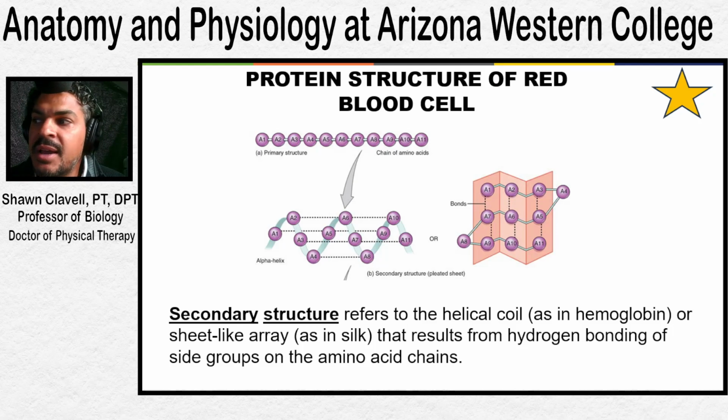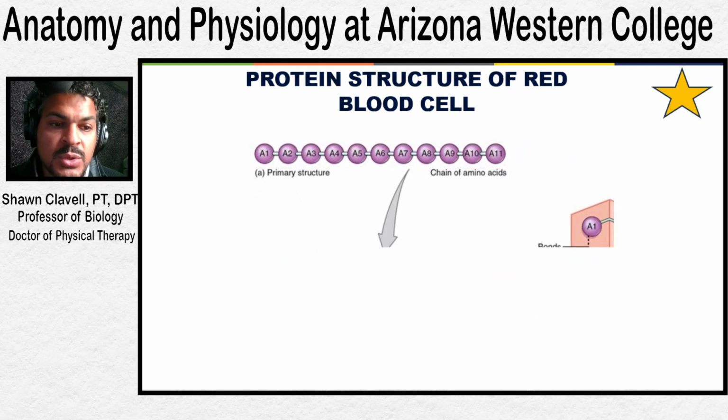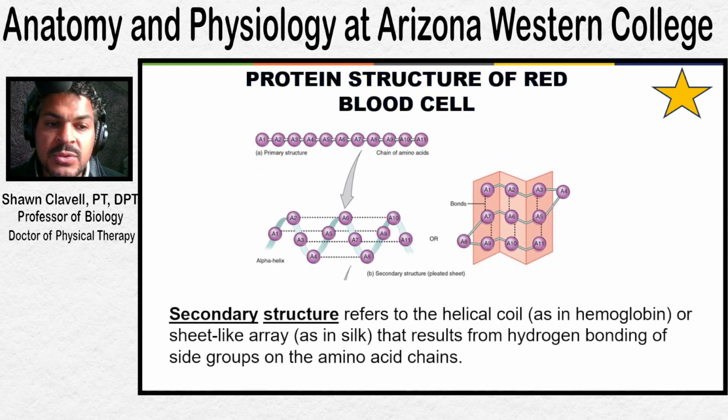You can have a twisted structure, as you see on the left-hand side of the screen, or a folded sheet structure on the right-hand side. This is the secondary structure of a protein, when the polypeptide chain is coiled into a helix or pleated into sheets with hydrogen bonds between them.